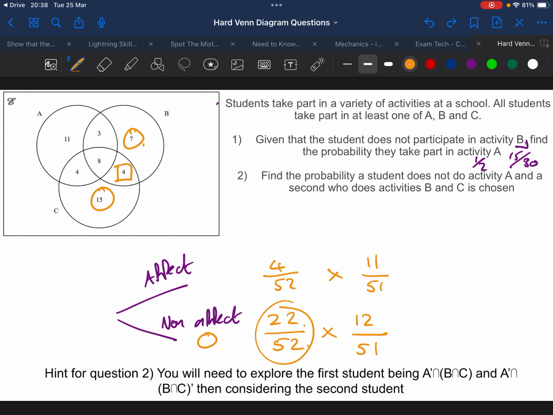The other one is going to affect. So it would be one of these 4. And it's okay for me to do this separately because ultimately I'm interested in both. These are both separate, mutually exclusive ways that this could have happened. So I'm just going to add them together. That's still that 26 over 52 you saw from before. If it does affect, then that wouldn't be a 4 anymore. That would be a 3. And that's where my 11 is coming from.